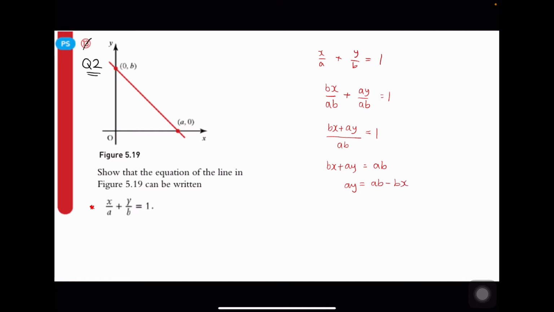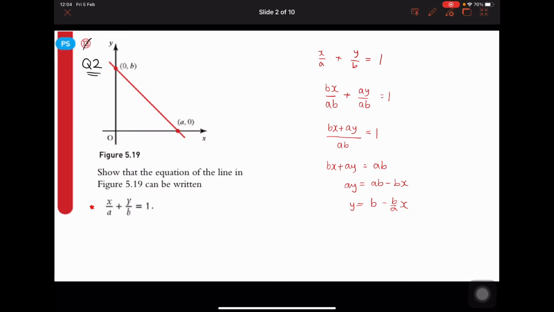Divide both sides by a, so we get y equals b, take away b over a x, of course. So now we have an equation in the form of y equals mx plus c.